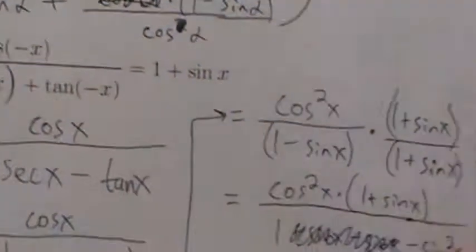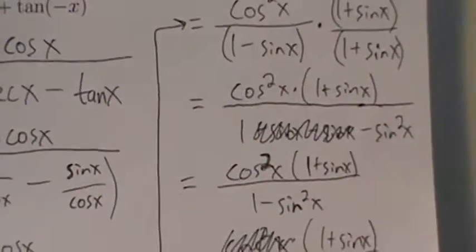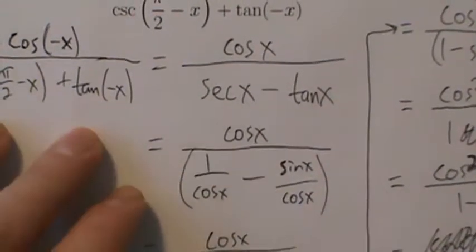So maybe the way we just talked about might have been a little simpler, but it doesn't really matter. The point is that there are multiple ways to approach it, and none of the ways is really incorrect. Some might be more complicated than others, some might be more difficult to realize than others.